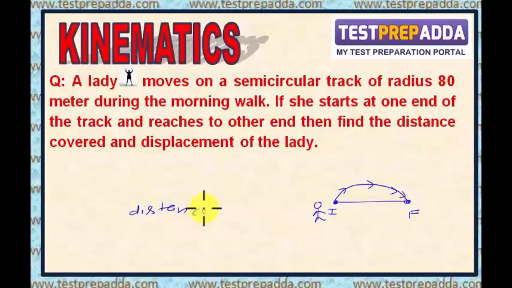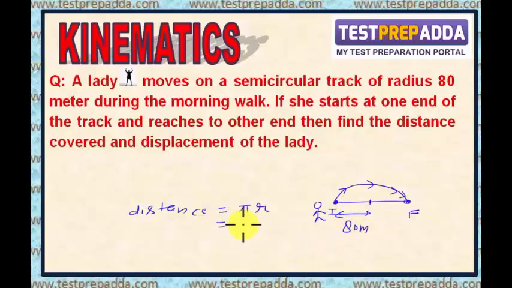the distance covered will actually be half of the circumference, and the circumference of the circle can be written as 2 pi r, so half of this will be pi r, and the radius of the track is given as 80 meter.